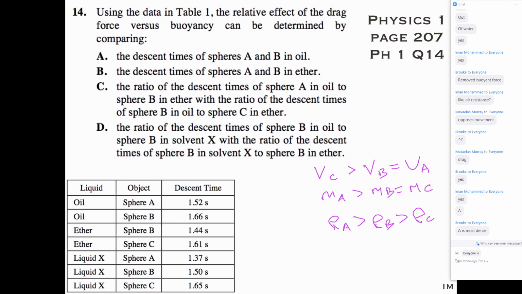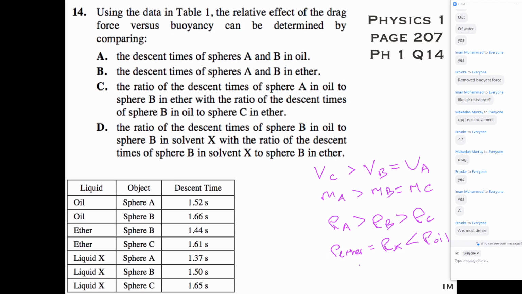And then they also tell me something about viscosity of the liquids in the third paragraph. So they tell me the density of ether, density of X, and they're all less than the density of the oil. And then they tell me the viscosity.